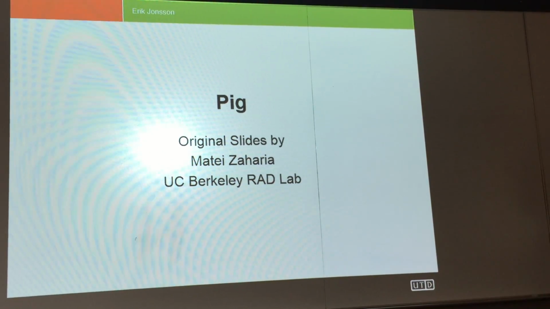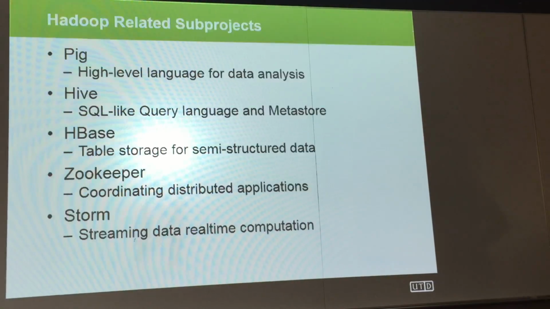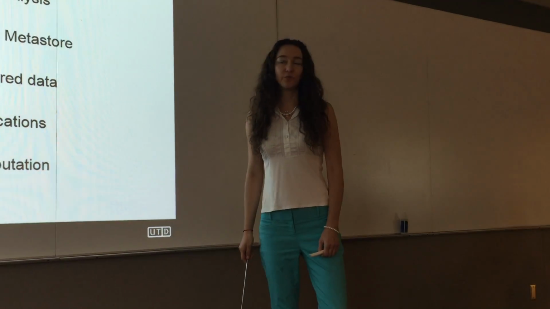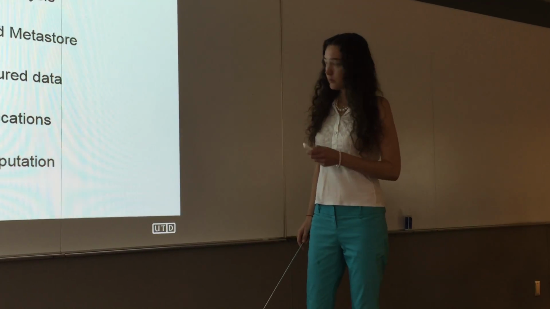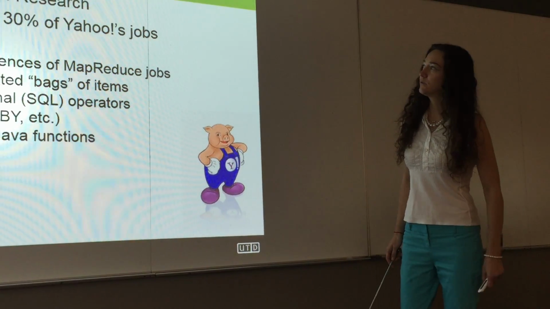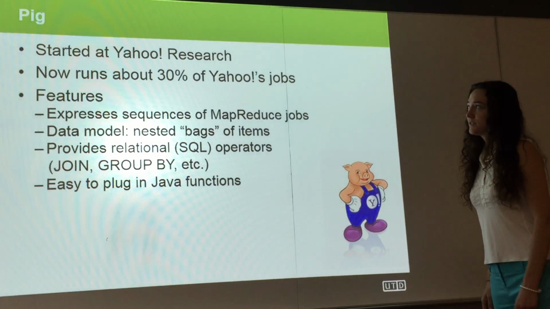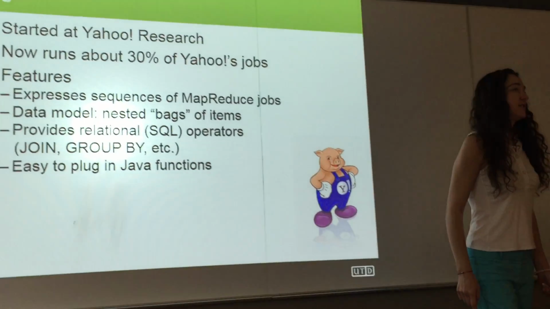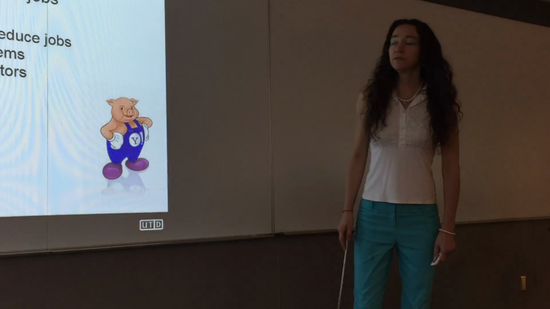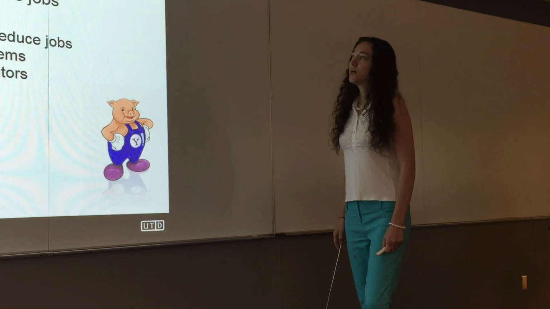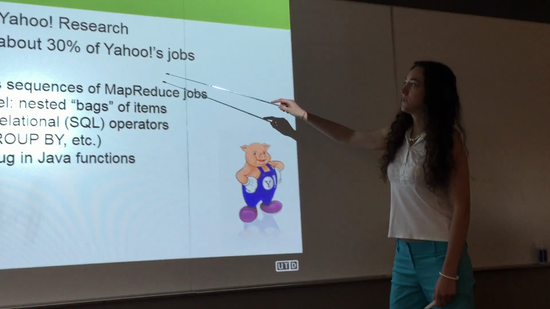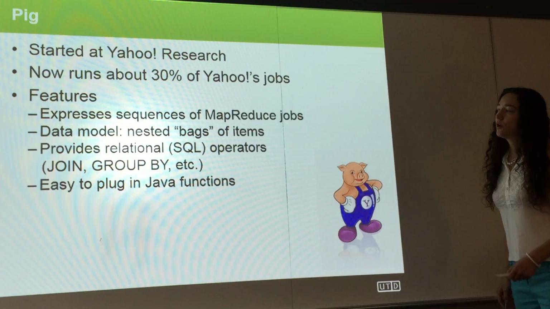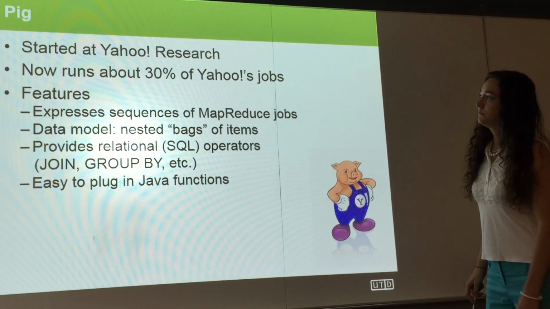So we will start with the first tool called Pig. As we mentioned, Pig is a high-level language for data analysis. It started at Yahoo Research. So Yahoo invented this high-level language, and now more than 30% of the Yahoo jobs run on it.